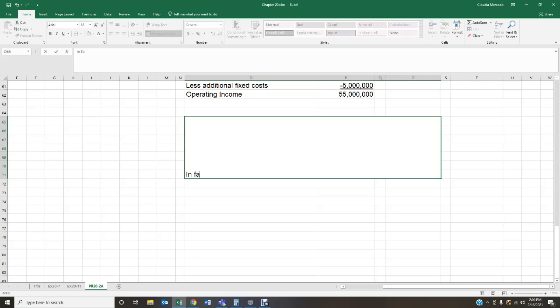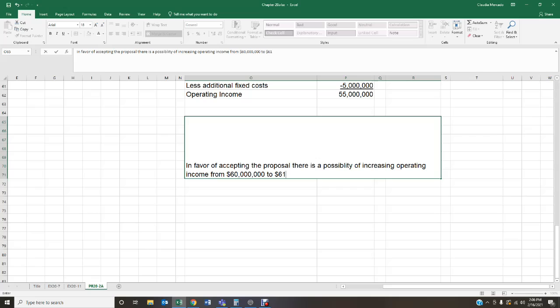In favor of accepting the proposal, there is a possibility of increasing operating income from 60 million to 61 million. However, there are various points against the proposal.